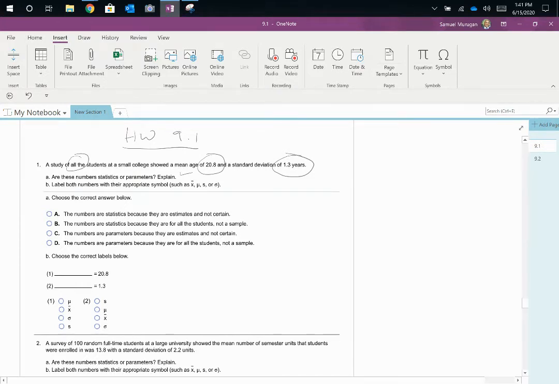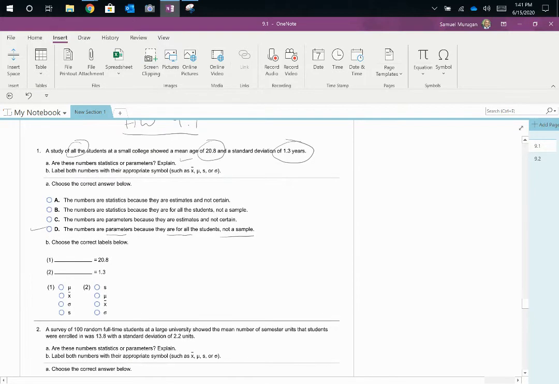So they are parameters because they're for all the students, not a sample. And remember that for population, we use the Greek letters. So mu would be the mean, and standard deviation would be sigma.